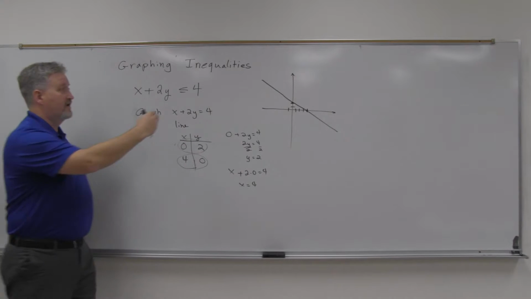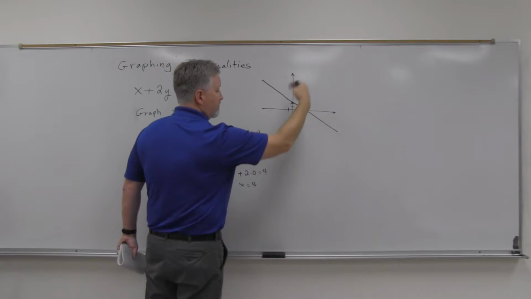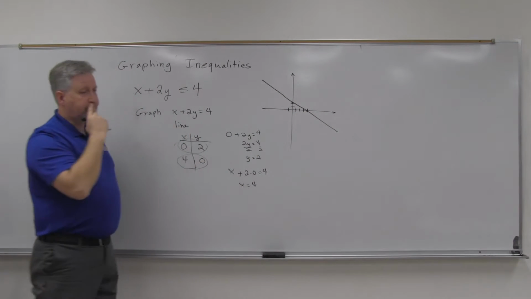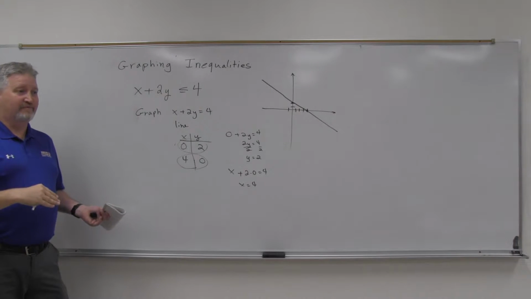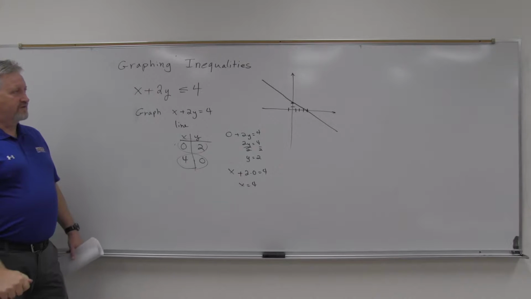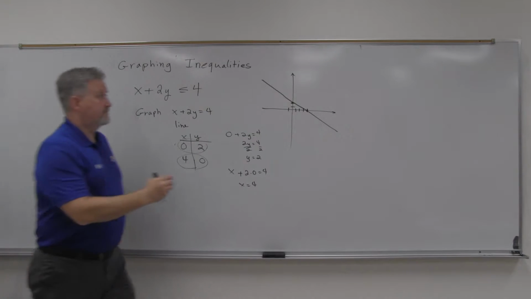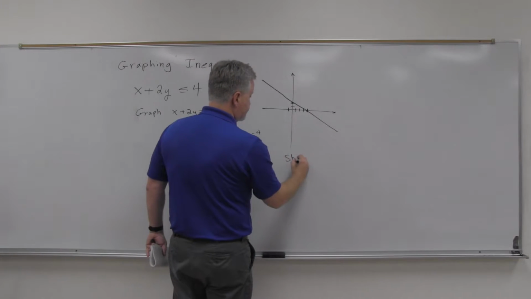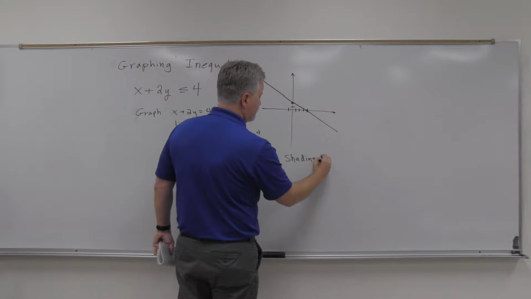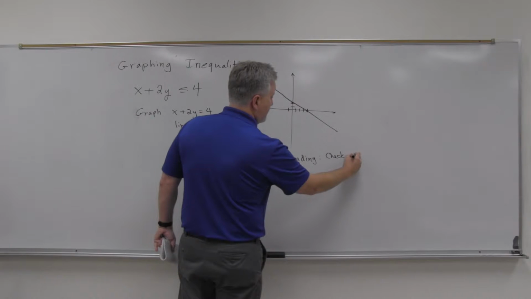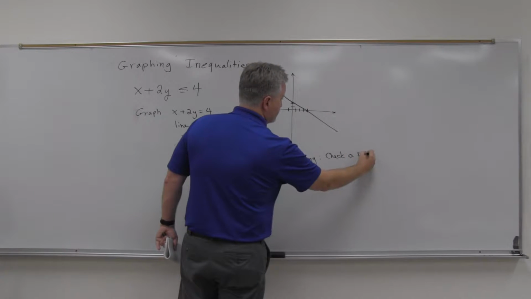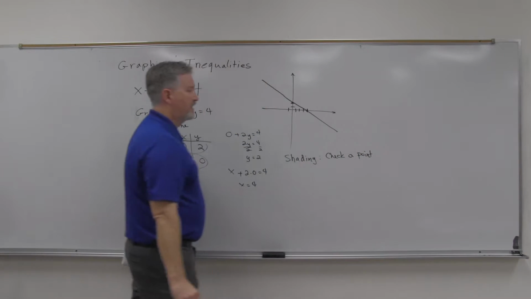Okay, we got to figure out, well, do I need to shade below the line or above the line? And you can't necessarily go off less than is below the line, greater than is above the line. What I like to do to determine the shading is just check a point on one side or the other of the line.